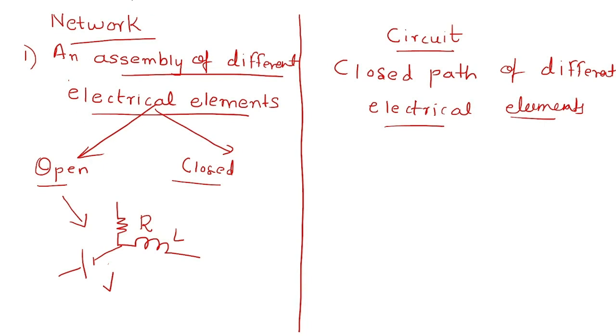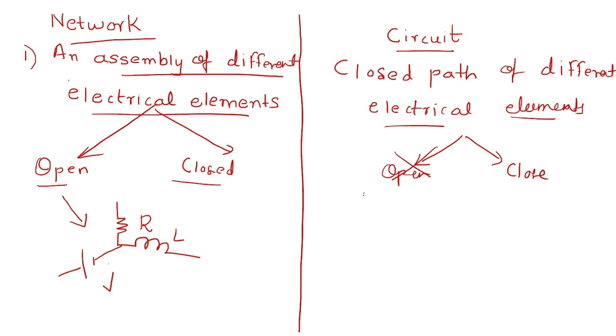So a network is basically an assembly of different electrical elements. It can be open, it can be closed. But a circuit is a closed path. So there is no option of open and closed over there. If I say open or closed, the open option is eliminated over here. A circuit is a closed path only.